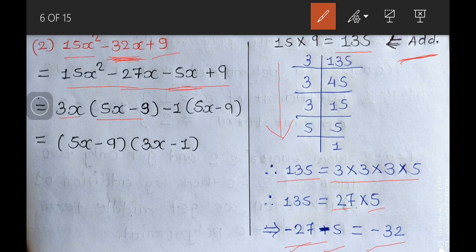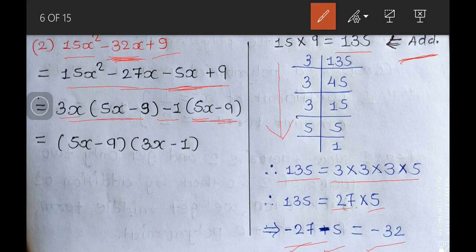Here a minus sign is given, so we put a minus sign, and you can see that we can't find any common factor from the second group. Then we take 1 and put it in a bracket. Here a minus sign is given, so we change the sign of the other terms. So if we put a minus sign, then minus 5x will be 5x, and plus 9 will be minus 9.